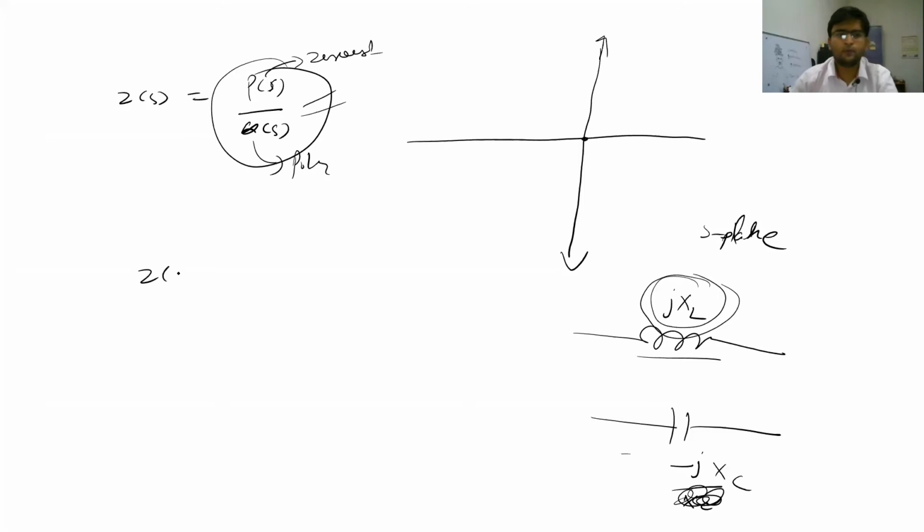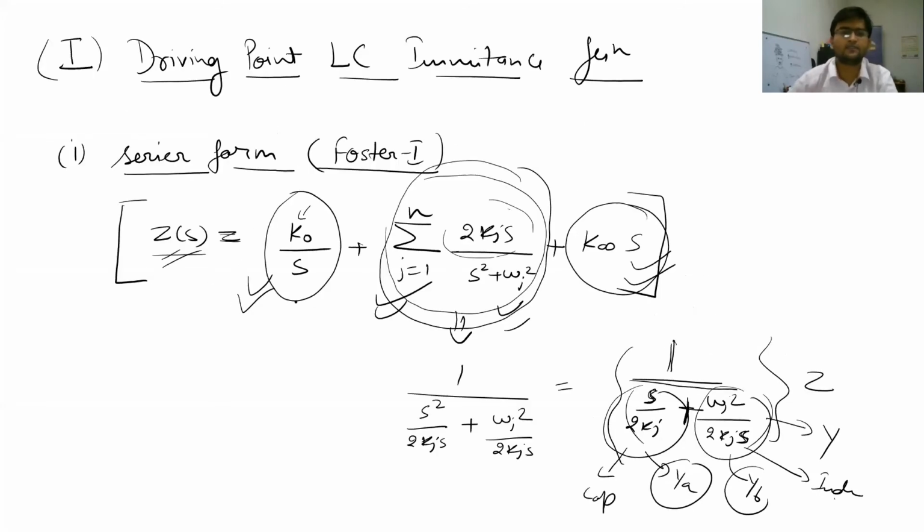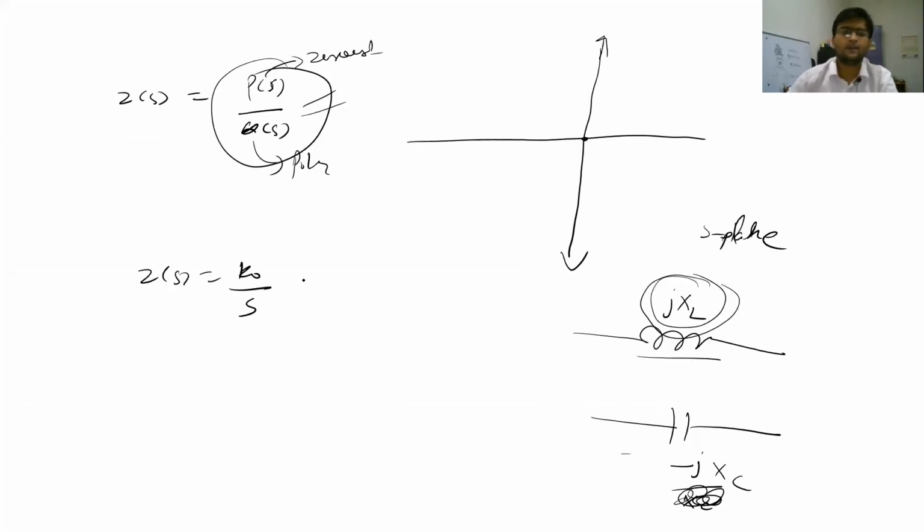Suppose you have a component like K0 upon S, like in the first thing here. If you want to find the pole of this, what is its value? The pole is given by the roots of the denominator, and since there is no other component, S will be equal to 0. So the pole of this first component, K naught by S, lies on the j omega axis, at the origin 0.